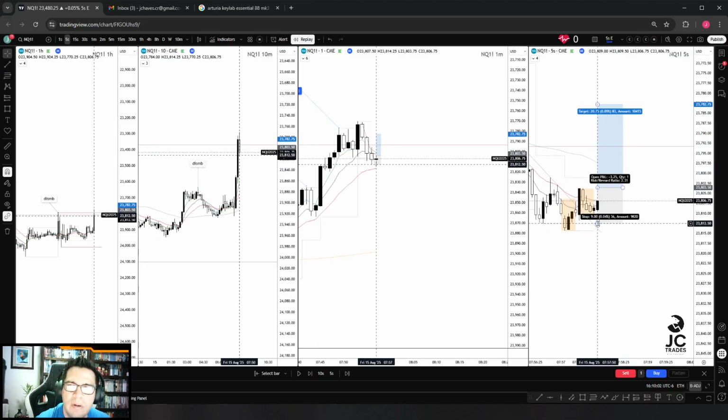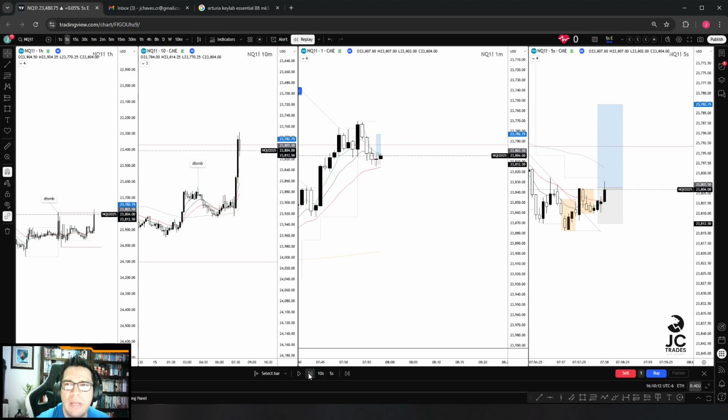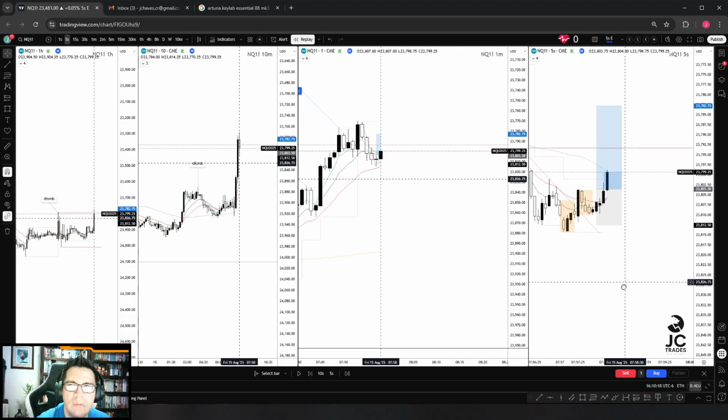In this case, our stop loss is at this point just below the MB2 and below the EMAs here. So let's just wait. That would have been a tap in. So let's take a look at how that one would have played out.